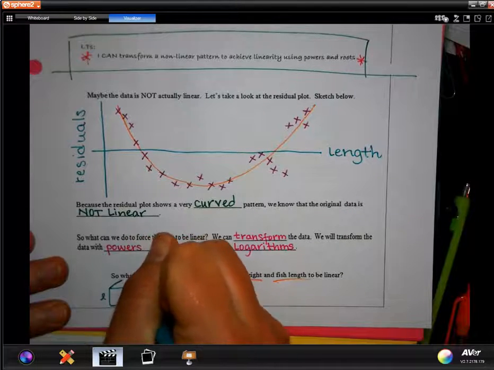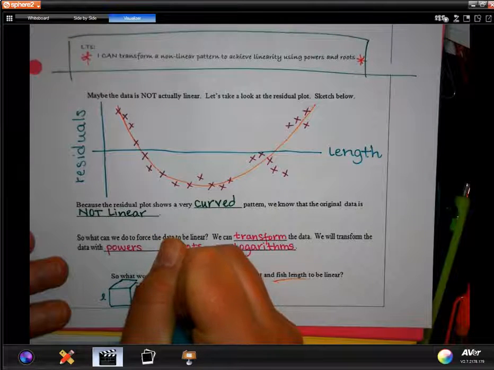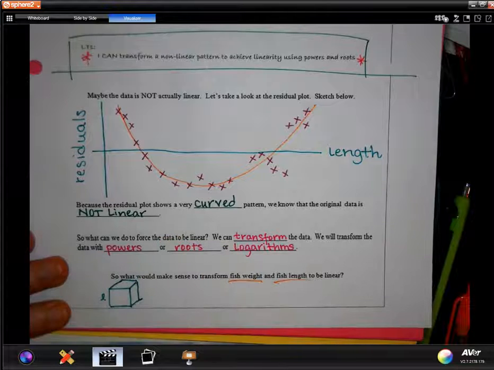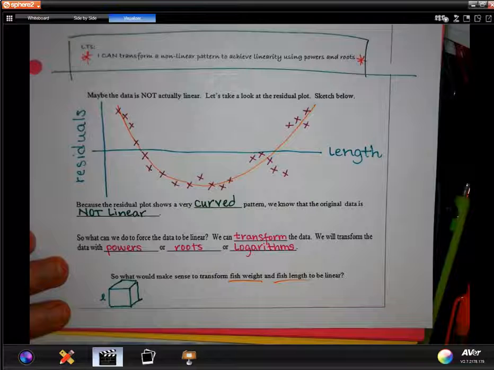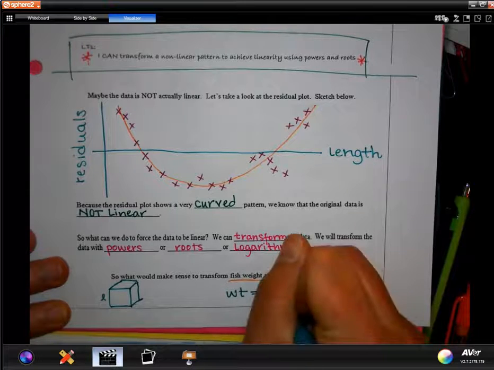And so it's like taking a cube, right? That last period made me feel like it was crazy to think of it as volume, but that's how I think of it. A fish has a certain length and its weight is its volume. So we're going to do length cubed.